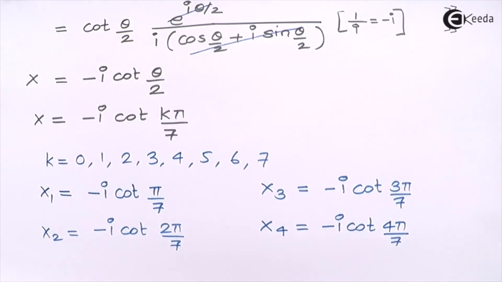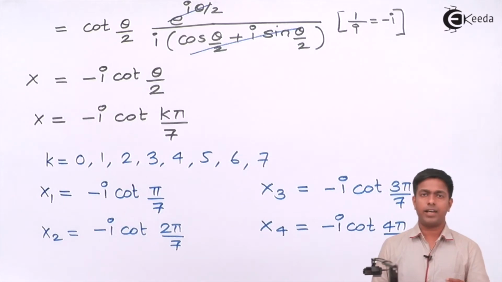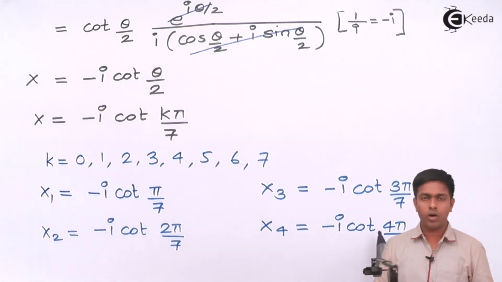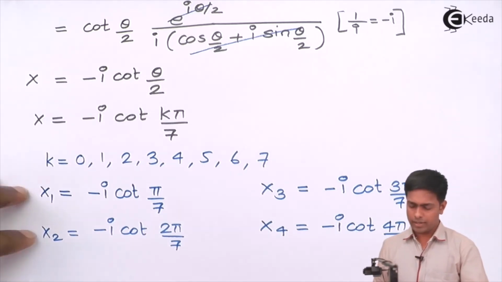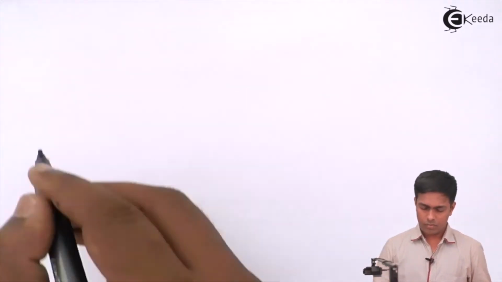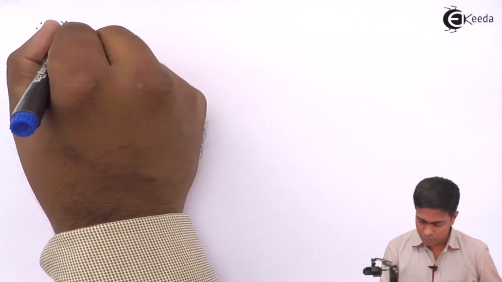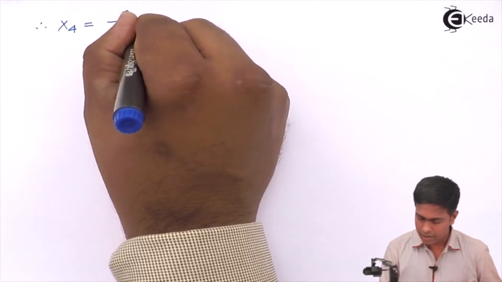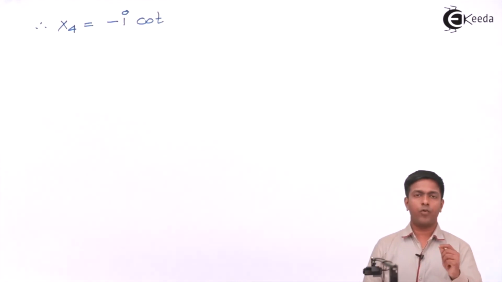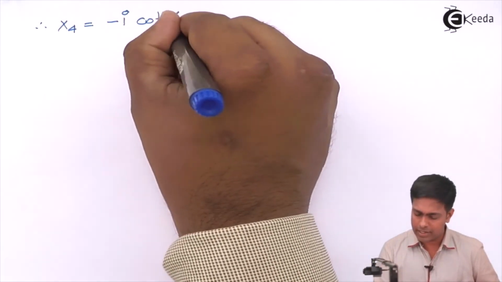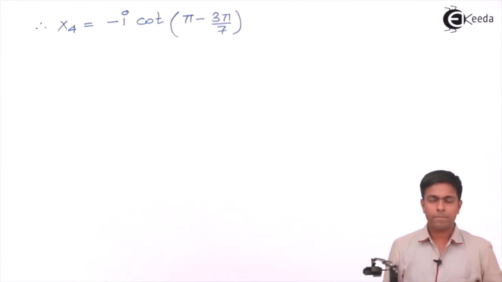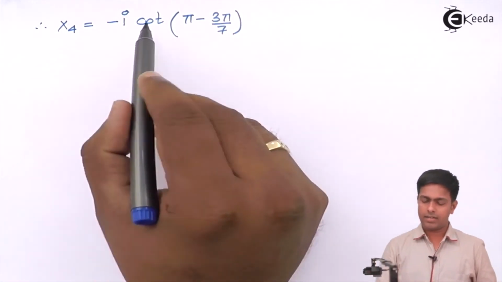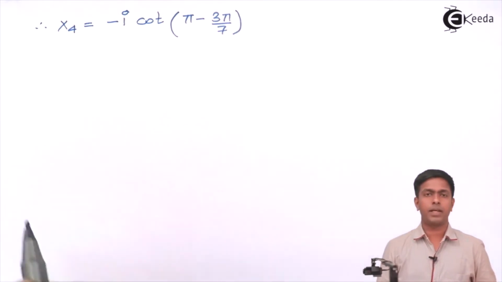Now guys, let me tell you that 4 pi by 7 is not our root because the value of r is 1, 2 and 3. So I have to convert this 4 into 1, 2 or 3. Now let's do that. Therefore x4 is equal to negative i cot of, now that 4 pi by 7 we will represent as pi minus 3 pi by 7.